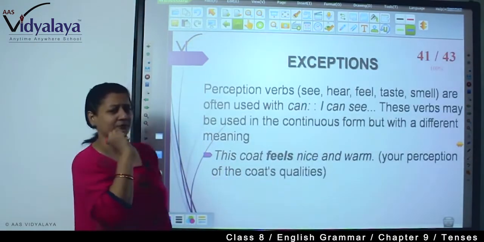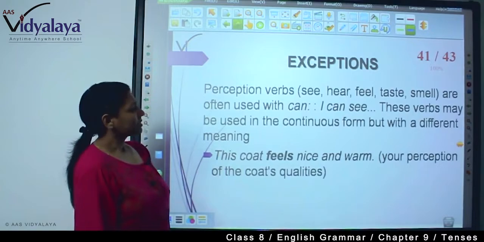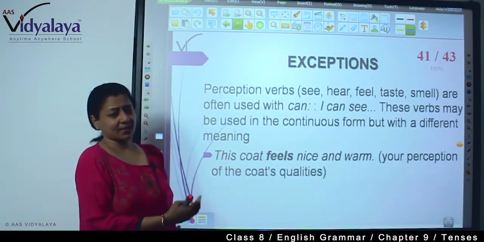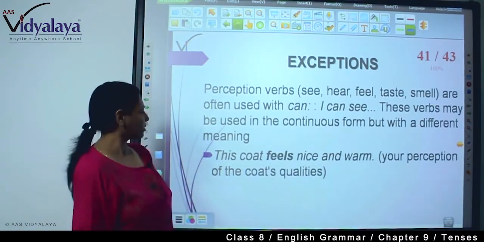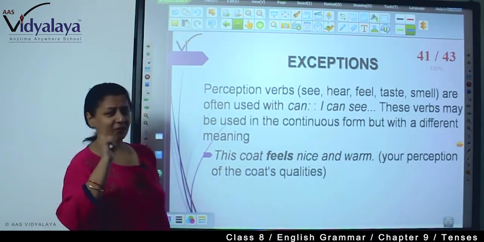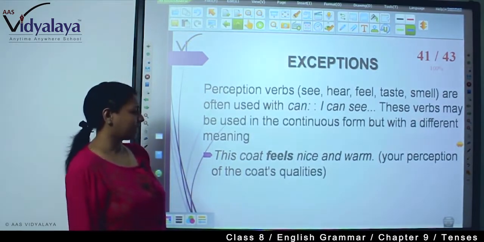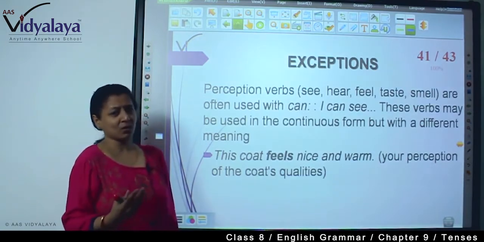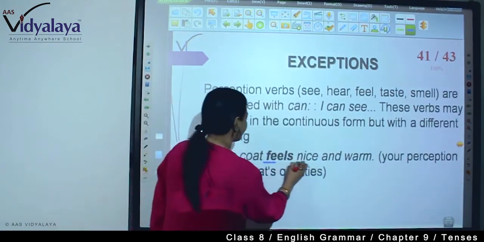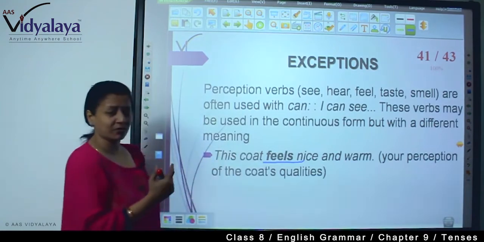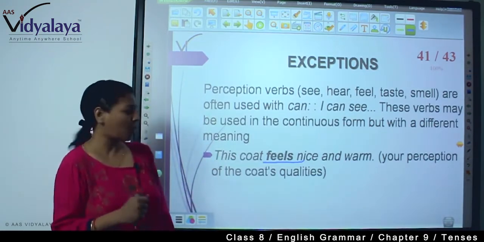Now, what are the exceptions? See, here, feel. Just as I have said, we cannot use these in present progressive because the meaning will be changed. This coat feels nice and warm. Here my perception is of the coat's qualities.